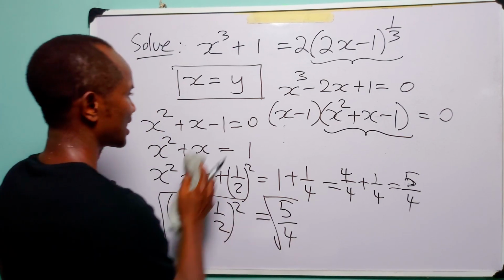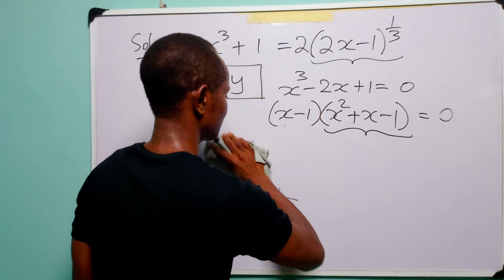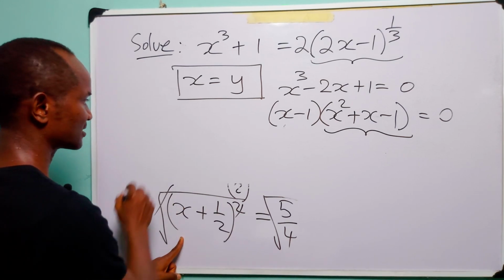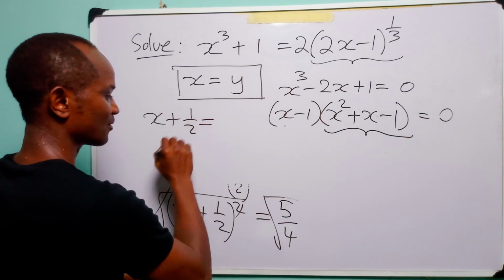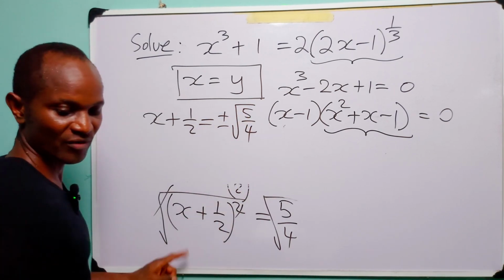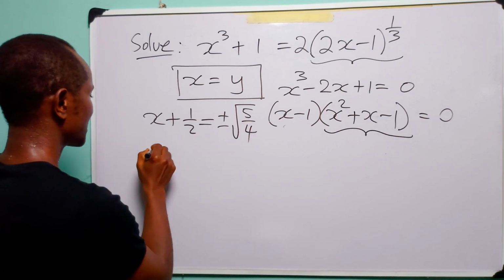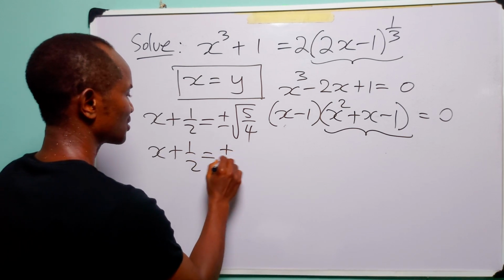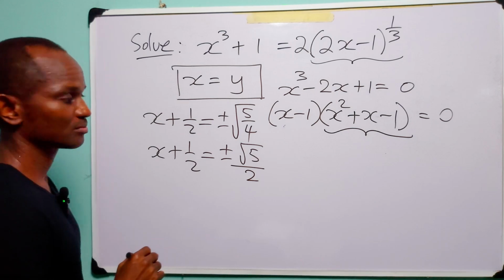And when we do that, we have x plus 1 over 2 is equal to plus or minus the square root of 5 over 4. And of course, 4 is a perfect square, so we have that x plus half is equal to plus or minus root 5 over 2.